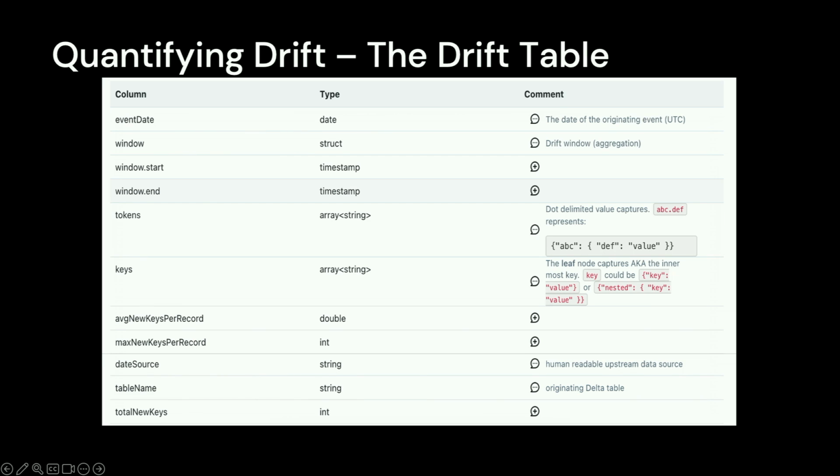Inside your nested object, you have a key called def. I don't know why I use such silly names here, but this is what we have, folks. What you would actually see is a string in that array, because it's of type array of string. You would see abc.def, and you would have all of these for every single record, for every single table.